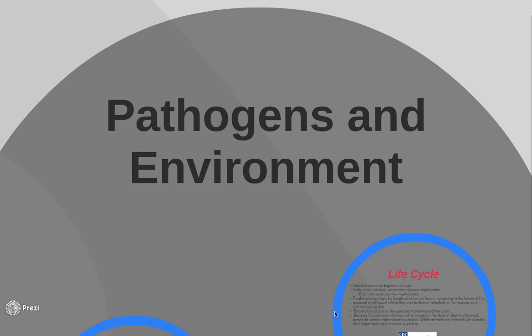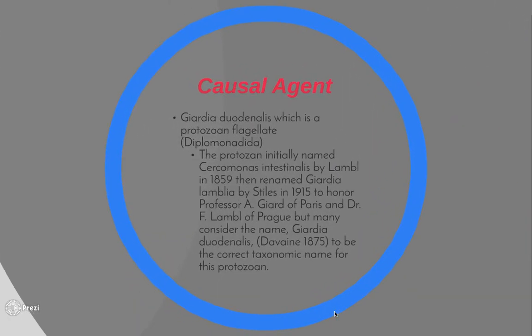Now looking into pathogens and environment. So the causal agent, Giardia duodenalis, is a protozoan flagellate. It was first named Cercomonas intestinalis by Lambl in 1859, and then renamed Giardia lamblia by Stiles in 1915, to honor the scientist who worked with it, as well as Professor A. Giard of Paris.